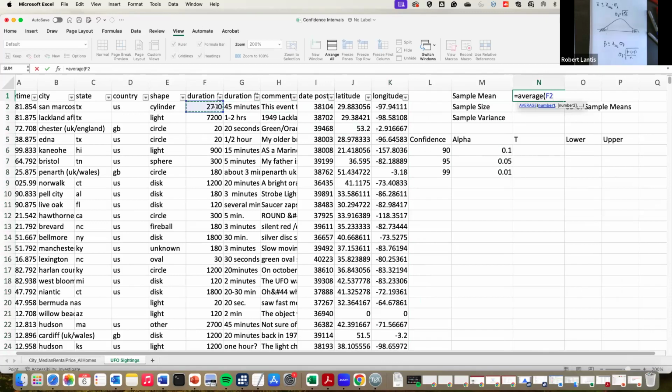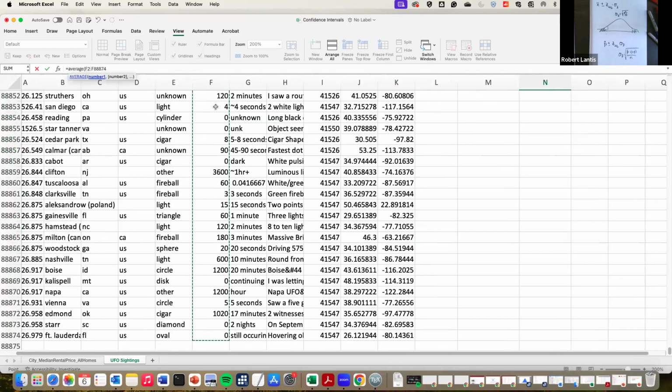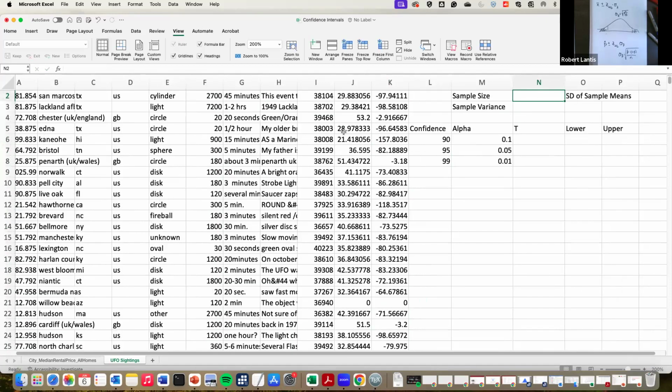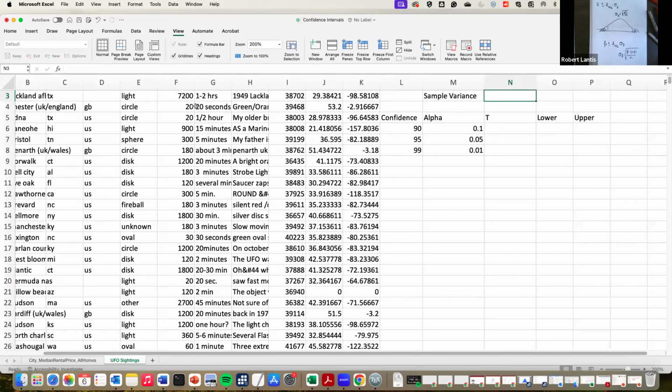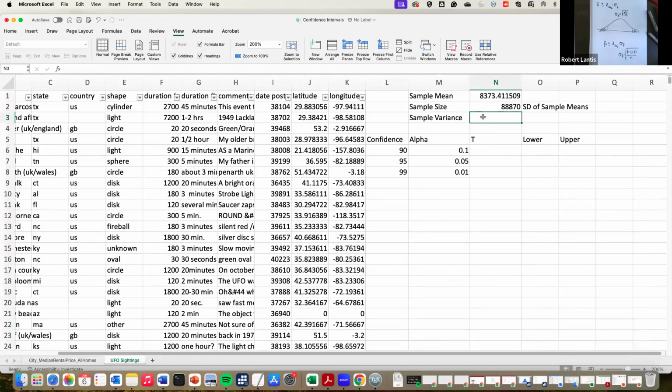taking the average function of every single UFO sighting we have here. I'm going to find my sample size by using the count function. I'm then going to use the sample variance as a VAR.S, right?